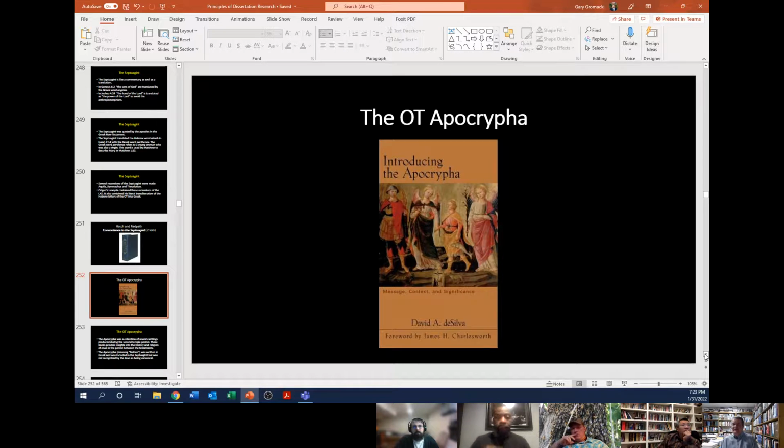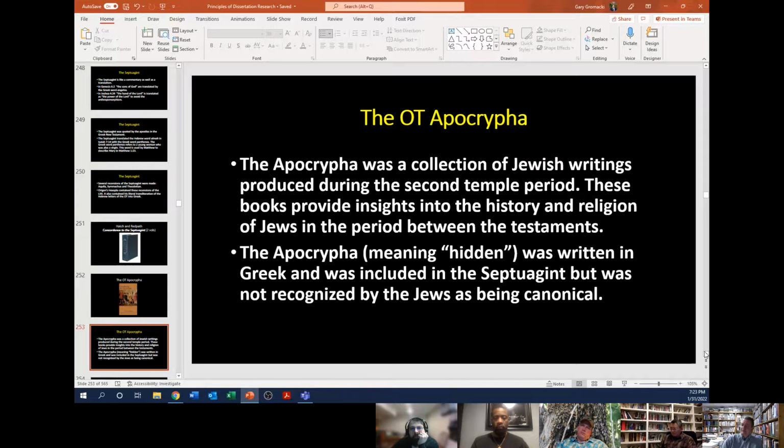The next book, as we get into the Apocrypha, introducing the Apocrypha, we talk about Old Testament Apocrypha, New Testament Apocrypha. Of course, these books were rejected by the Protestant Church, accepted by the Catholic Church, as we call the deuterocanonical books.